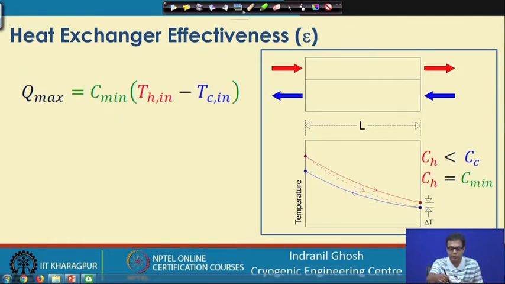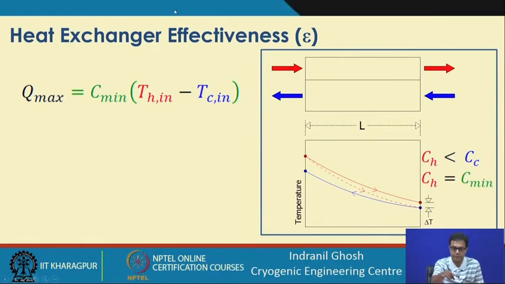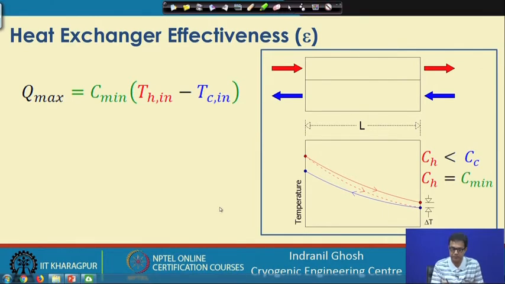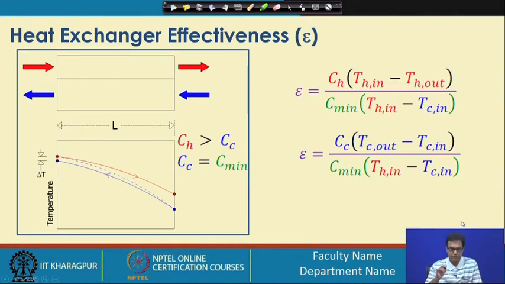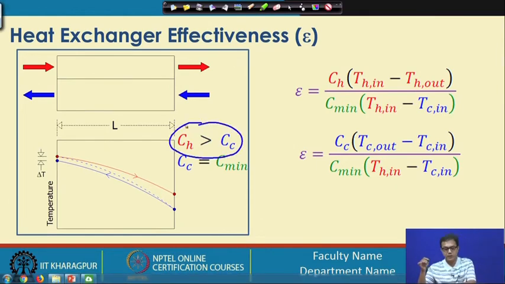So, we can now try to find out the heat exchanger effectiveness. In the first situation that we have considered, C H is greater than C C, that is, the cold fluid is the minimum capacity fluid.